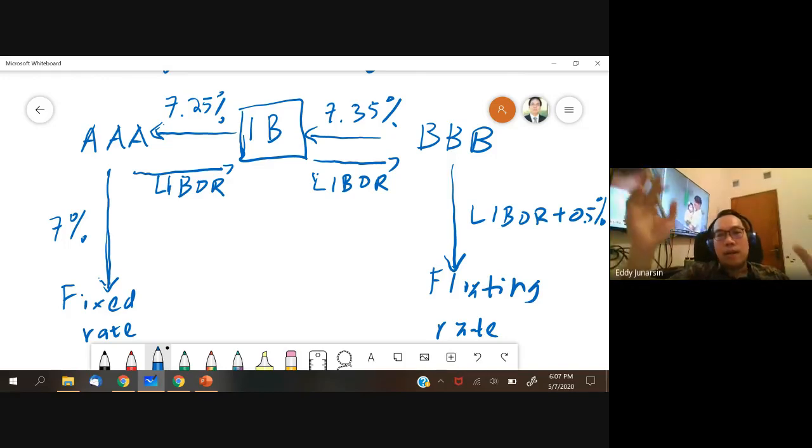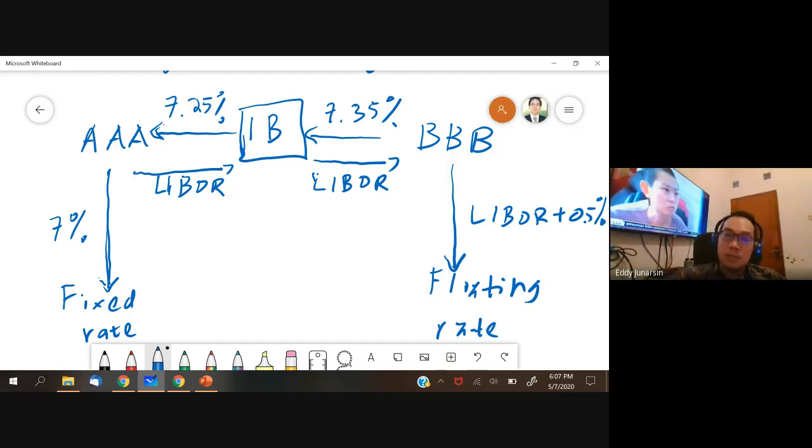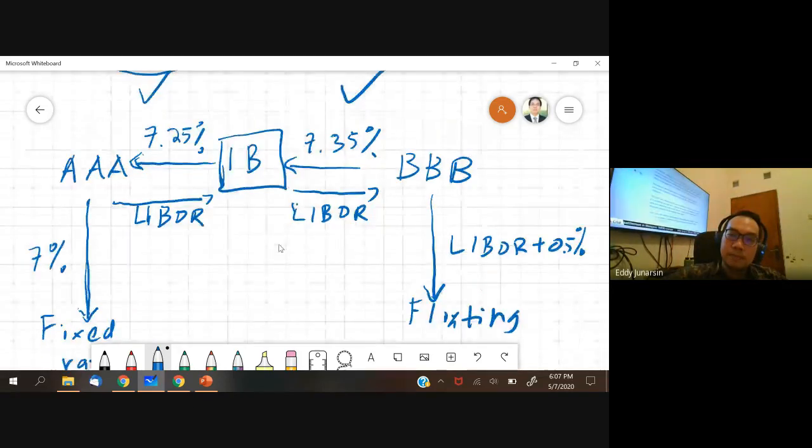Okay, so again, for the case of triple B, it has to issue the floating rate debt at LIBOR plus 0.5%, right? But triple A firm might say to the triple B firm that it doesn't want to pay LIBOR plus half, but it only wants to pay LIBOR only, because you see what's the logic here?